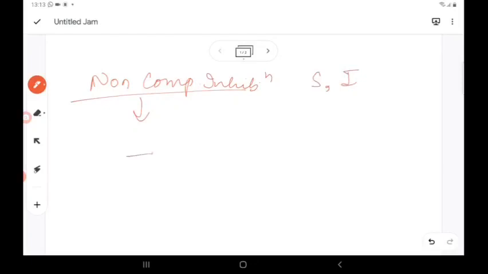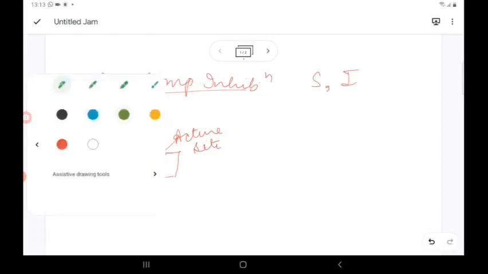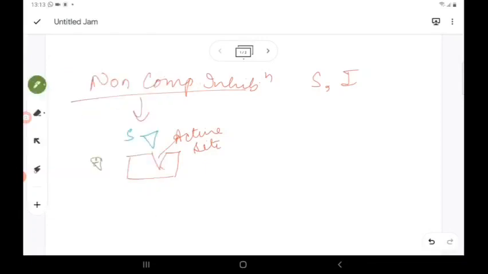Suppose this is an enzyme and this is the active site, and this is our substrate and this is our inhibitor. So what will happen? It will not bind over this active site. It will bind at some other site near the active site. Suppose this is the site. So it will bind over here.